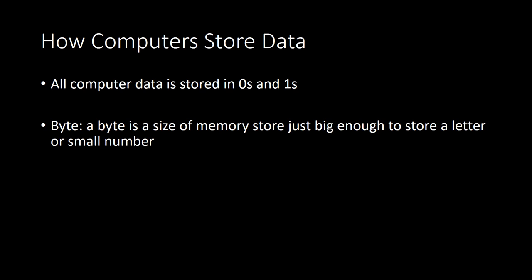Of course, as the user, we don't see the 0s and 1s, but the computer translates it so that it can understand all the zeros and ones and process instructions. A byte is a size of memory just big enough to store a letter or a small number. This information will be important when you're writing programs because you'll need to know what type of data to tell your program compiler so that it knows exactly what to process, and also so that you know how much space you are taking up.